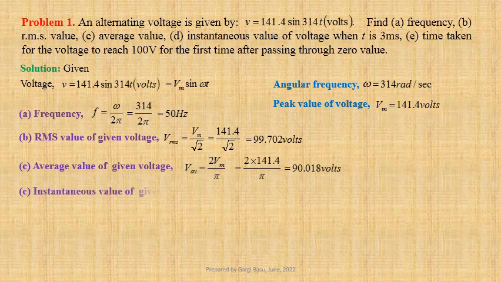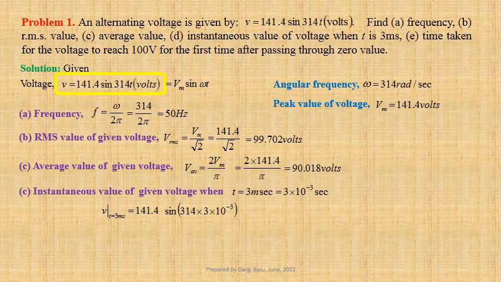Instantaneous value of given voltage when t equals 3 millisecond, that is equal to 3 into 10 to the power minus 3 second. V equals 141.4 times sine of 314 into 3 into 10 to the power minus 3, that gives us 114.3553 volt.